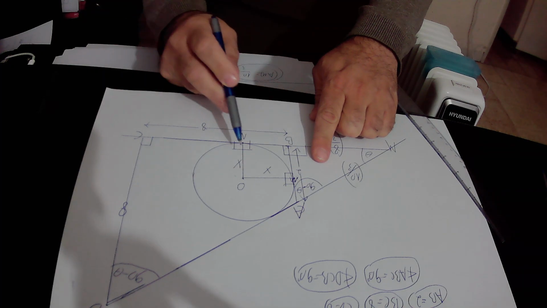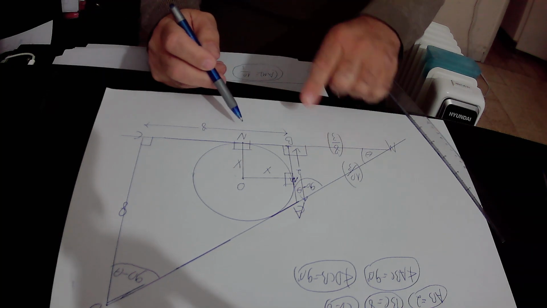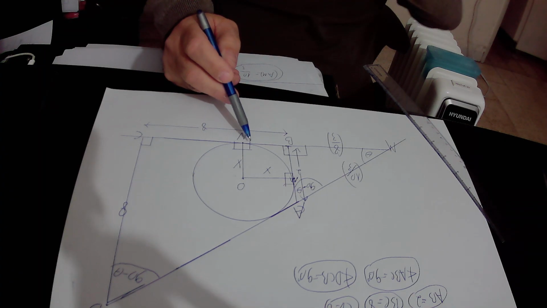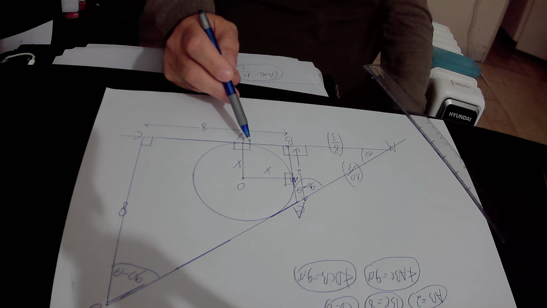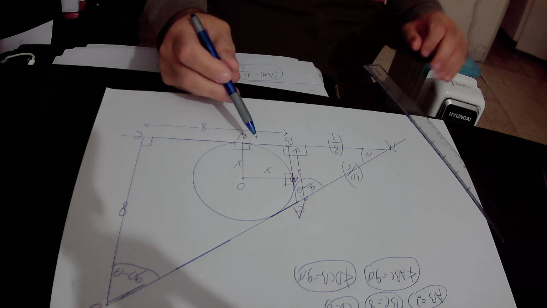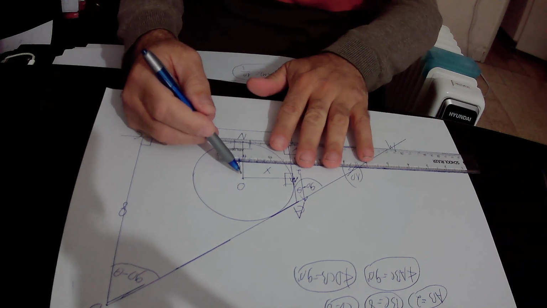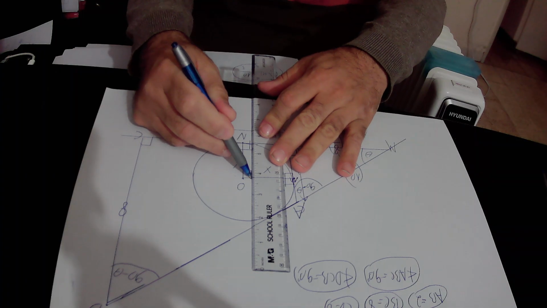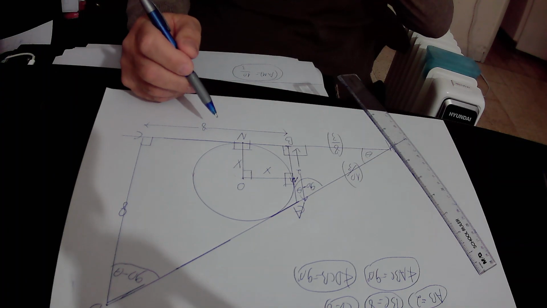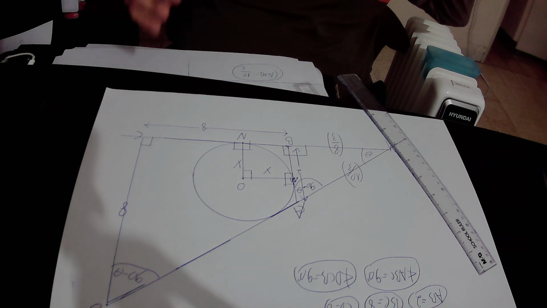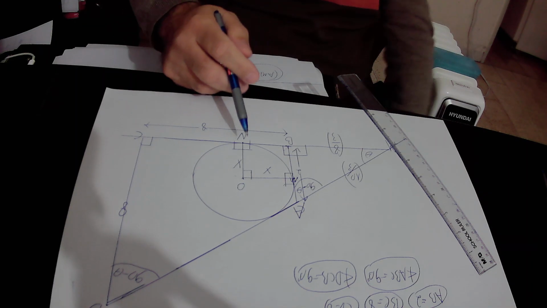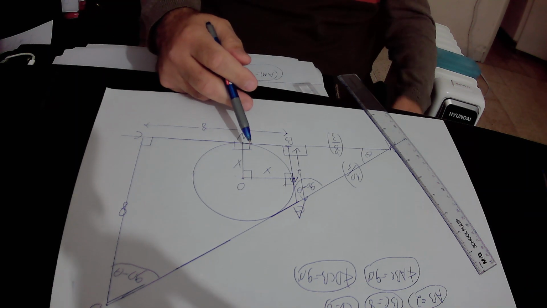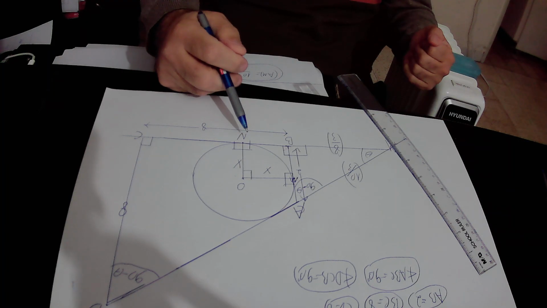We focus on quadrilateral MOBN. Inside this quadrilateral we have 1, 2, 3 right angles. The sum of 3 right angles is 90 times 3, which is 270 degrees. Therefore, this fourth angle must be equal to 90 degrees, according to the rule that the sum of the angles in any quadrilateral is equal to 360 degrees. So 270 degrees plus 90 degrees is equal to 360 degrees, exactly according to the rule that I mentioned.